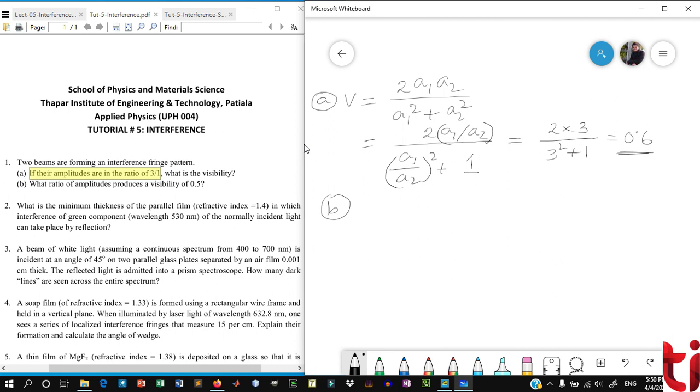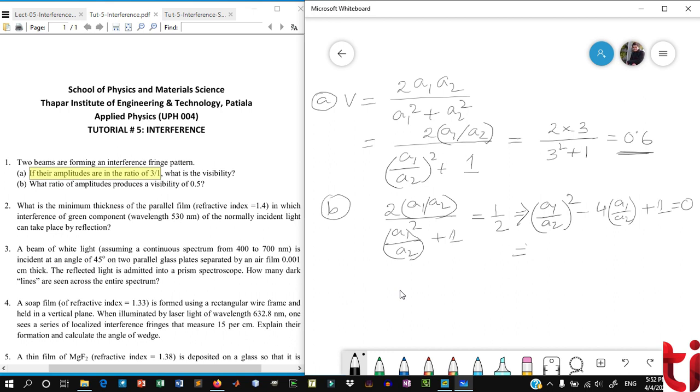So we can use this expression and simplify it to a useful form, and let's see what happens. 2 a1 by a2 divided by a1 by a2 squared plus 1 is equal to V. Given this V is 0.5, which is half, I have replaced this V with half, and then we rearrange.